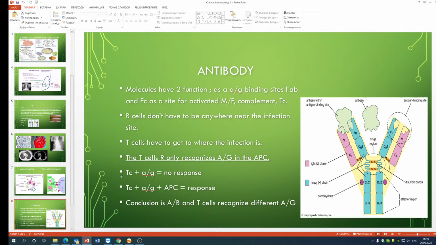Scientists needed to know that T cytotoxic cells plus antigen alone give no response from the immune system. Only T cells plus antigen plus antigen presenting cells may be able to act as an immune response. The conclusion is that antibody and T cells recognize different antigens.